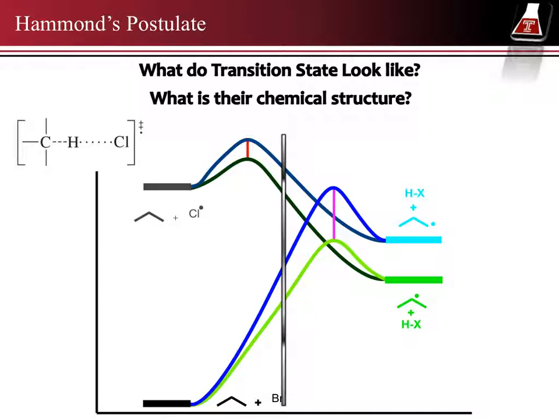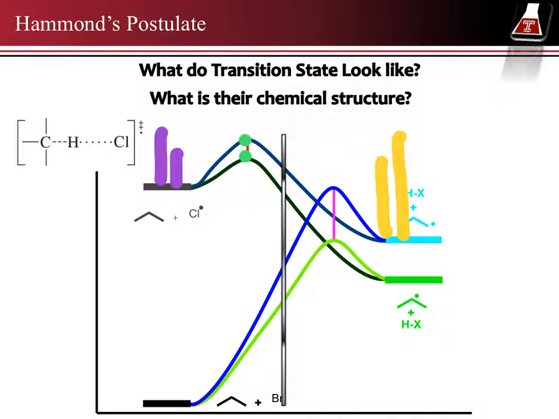If we look at the transition states for the chlorination step, these two transition states, obviously the energy difference between here and here is significantly smaller than the energy difference between here and here.